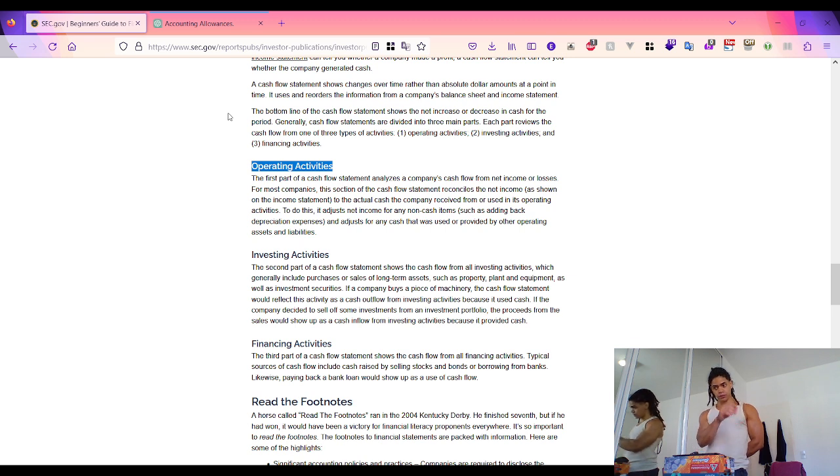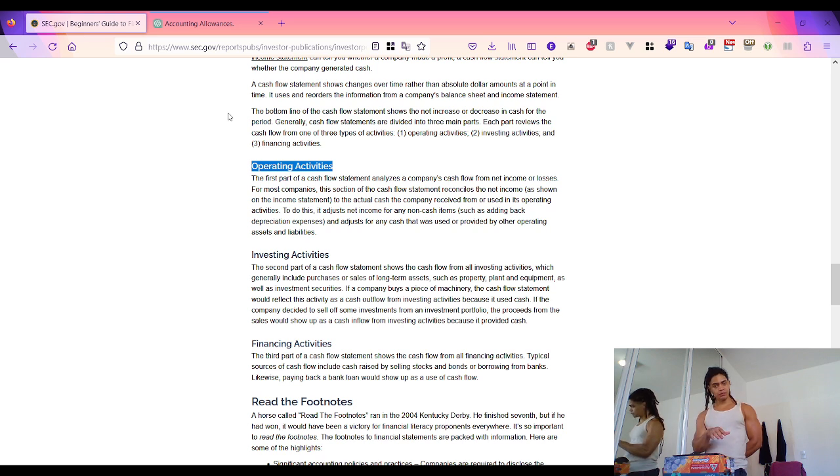To do this, it adjusts the net income for any non-cash items that affect the income statements but do not involve any cash transaction. For example, depreciation and amortization, where it takes into account the wear and tear of assets over their useful life.